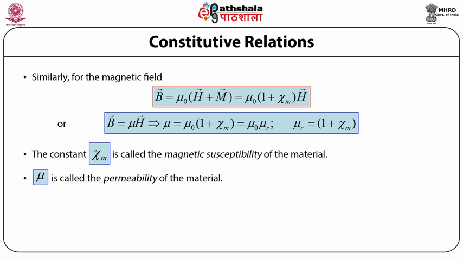Mu is called the magnetic permeability of the material. Mu naught is the magnetic permeability of free space. And mu subscript R is called the relative permeability of the material medium.